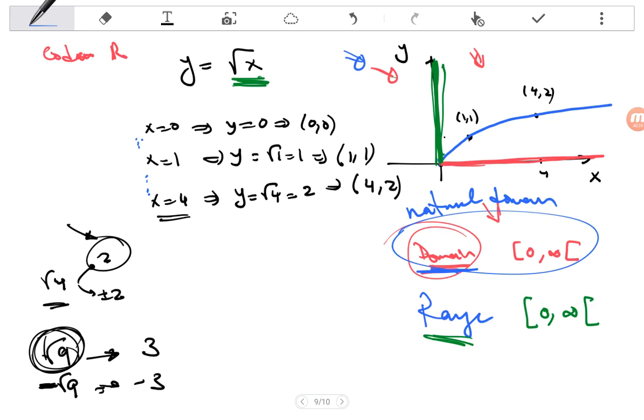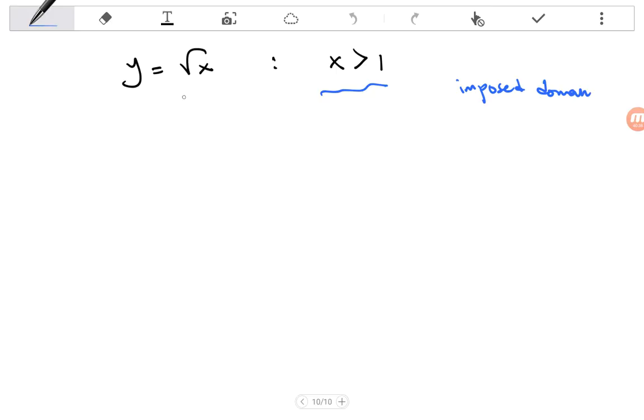The natural domain of the function is where I don't give any restriction. We consider just the restrictions of the function itself. But sometimes I define a function with some imposed restrictions that I put. I say here that x is greater than 1.